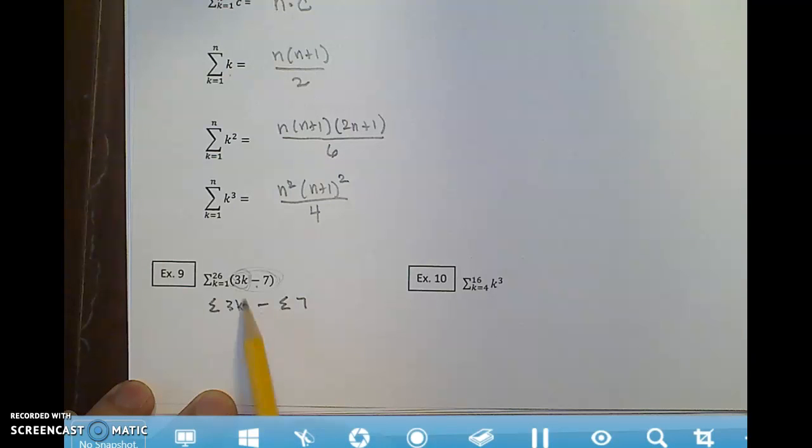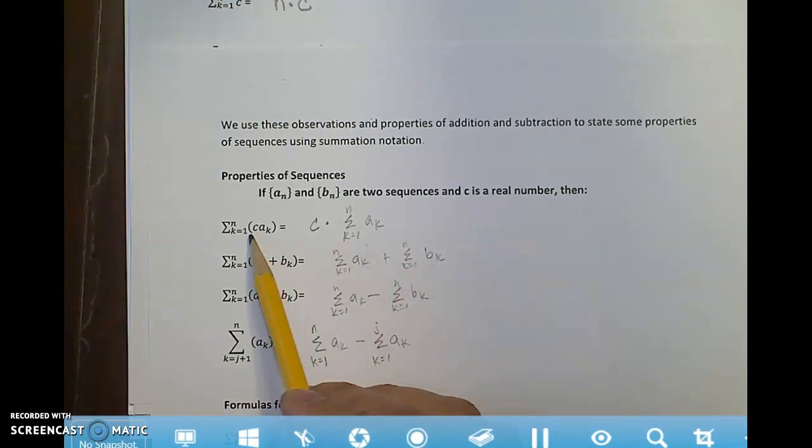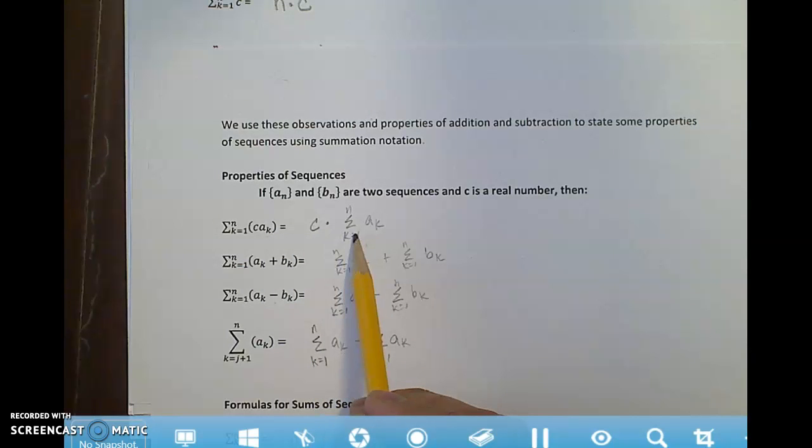Alright, so now here I want to break down this 3 times k. This 3 times k, we want to break it up using this property, summation of a constant times some sequence. Alright, so we're going to pull out that constant and multiply it by the summation of just the sequence.